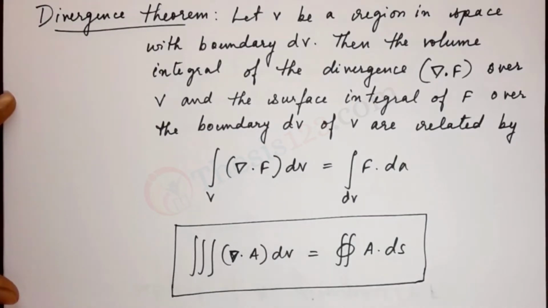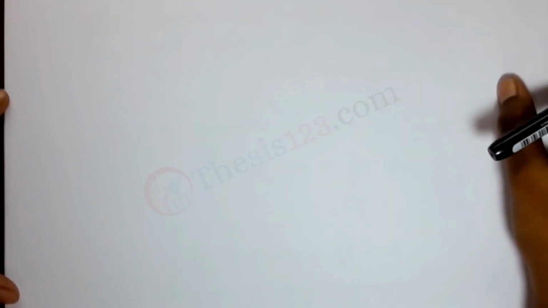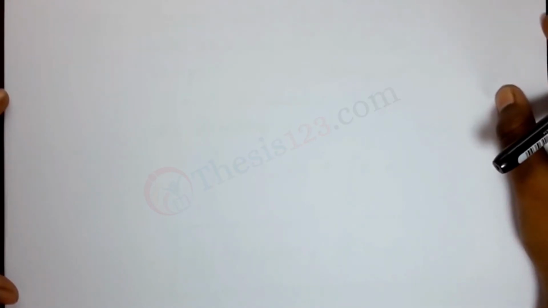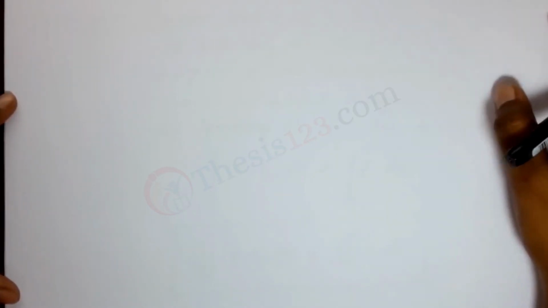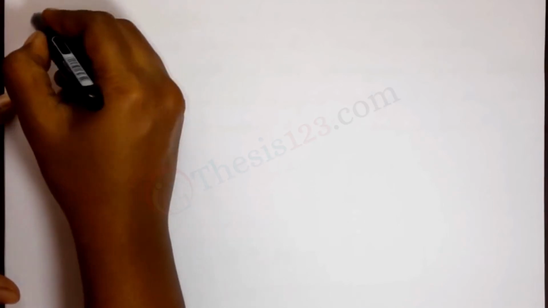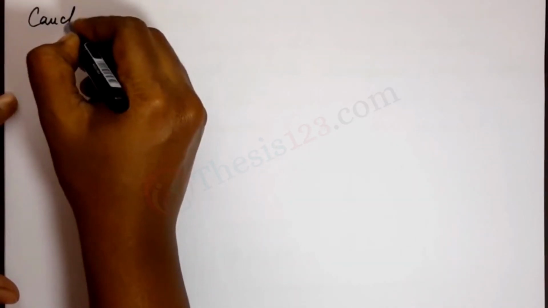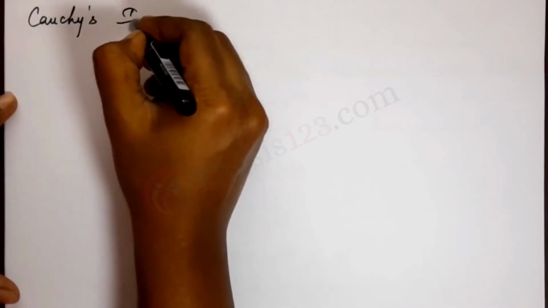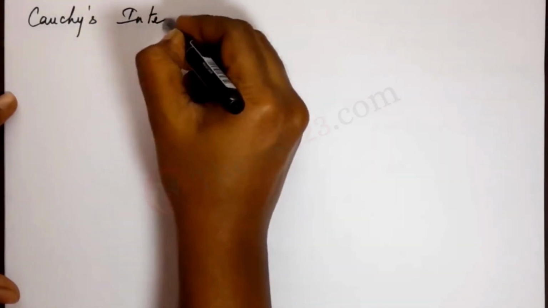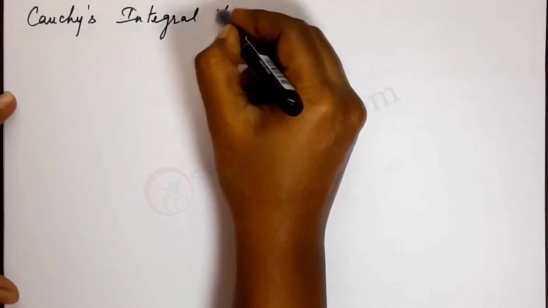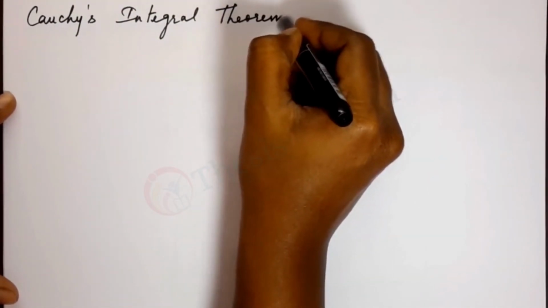Next, let's look at Cauchy's integral theorem. Now Cauchy's integral theorem works on an analytic function, a function being analytic. Now when you see the word analytic, it has to do with the Cauchy-Riemann equations. So we'll note that down now. Cauchy's integral theorem.